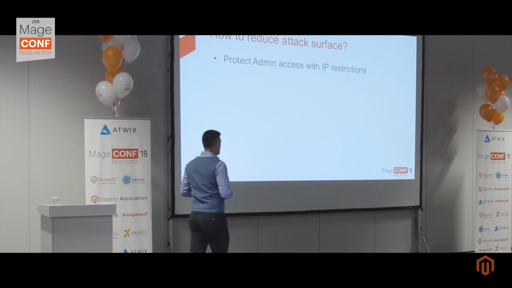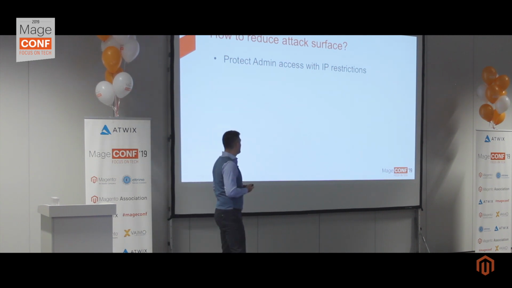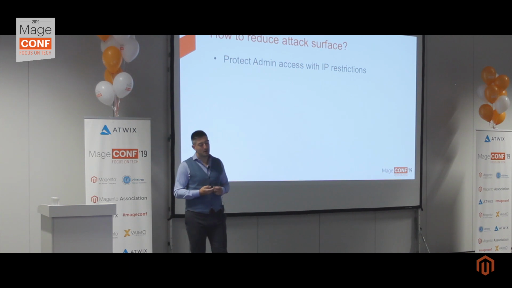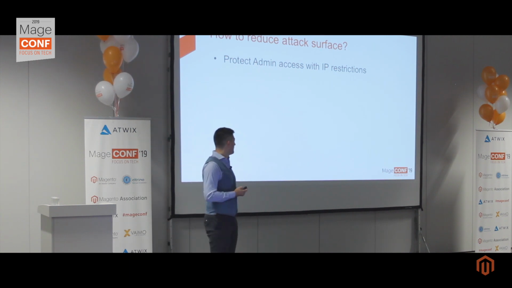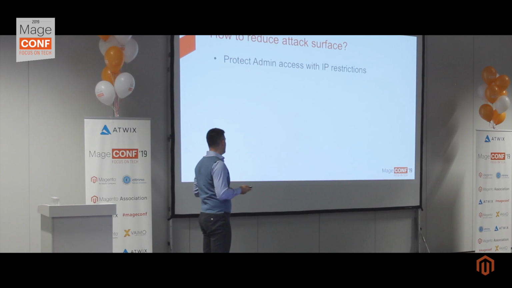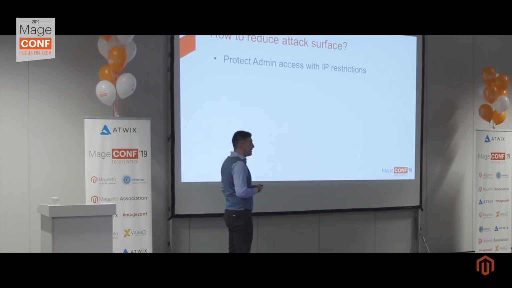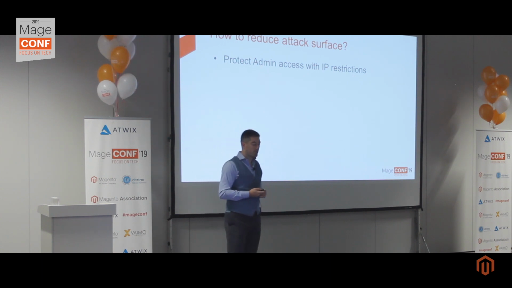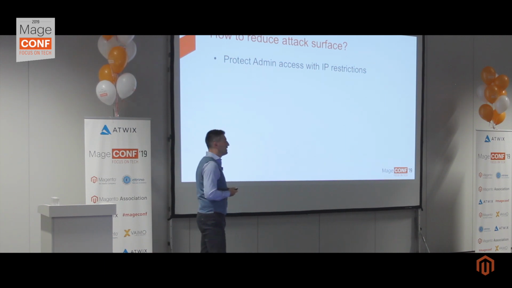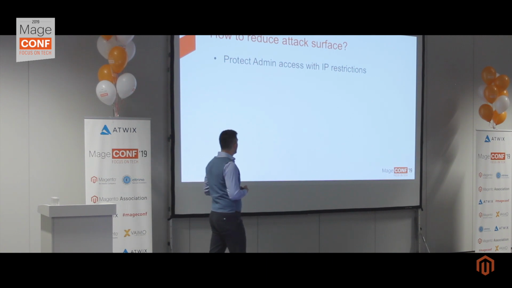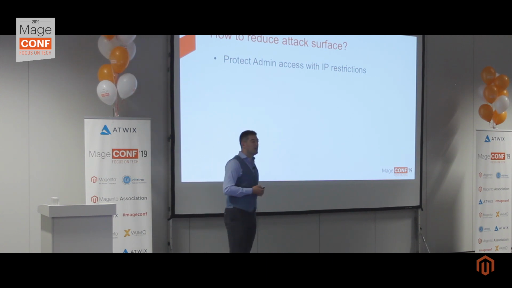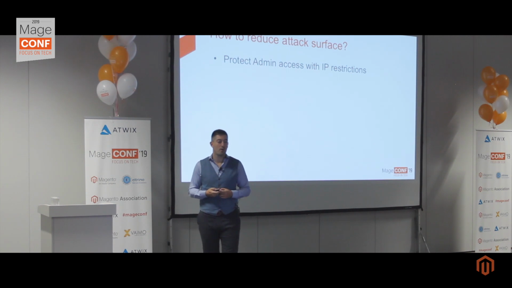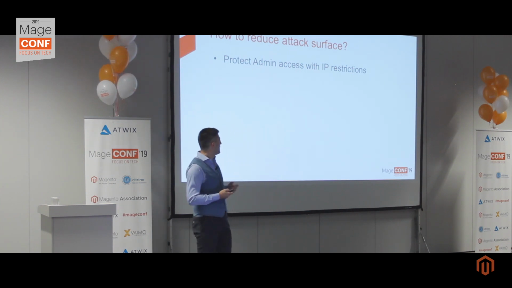This is something which I haven't seen that many merchants doing, but it literally cuts the attack surface in half, especially because an attacker doesn't have any way to access any of the admin endpoints. So how can you do that? Well, you can set up a firewall, you can set up a VPN, and allow all employees to use the admin panel through the VPN.